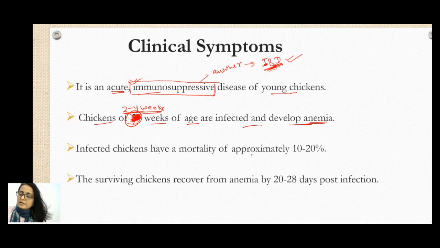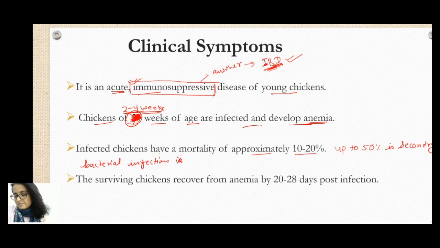Infected chickens have mortality of approximately 10 to 20%, and if a secondary bacterial infection occurs, mortality goes up to 50%.